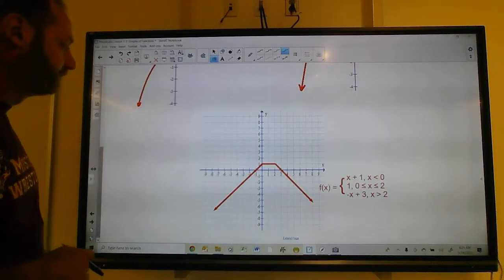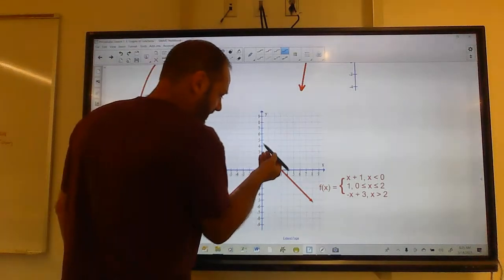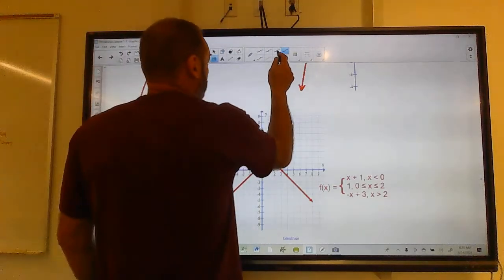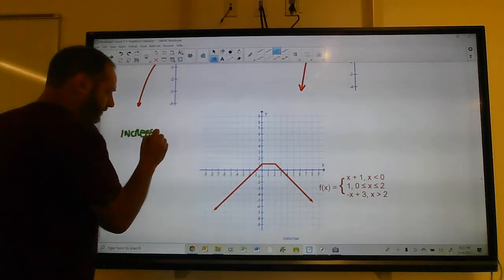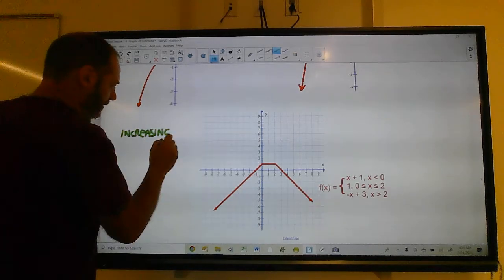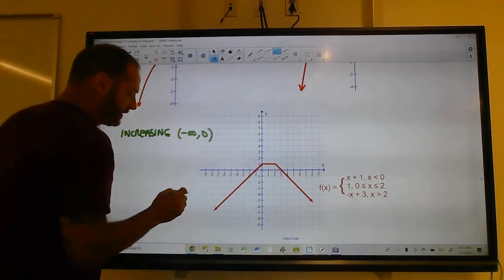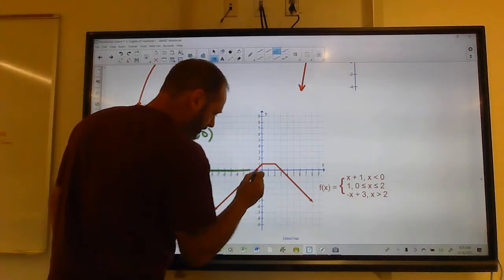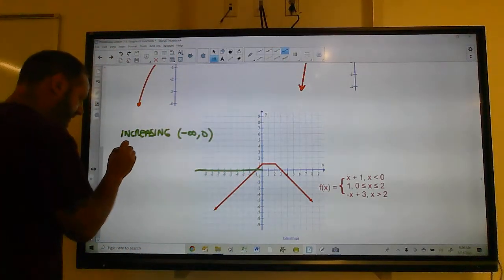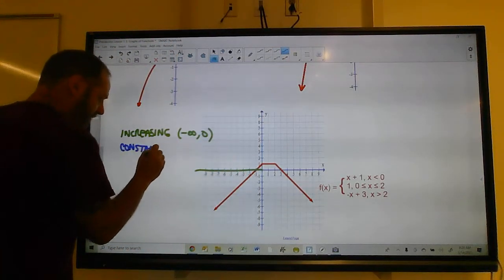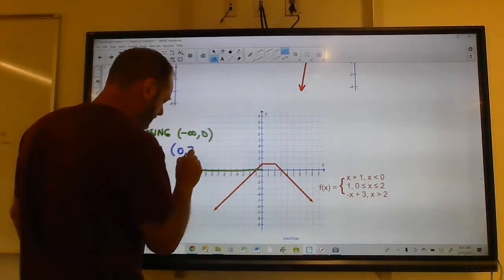Okay, let's look at this one. So this function is increasing here, then it's constant, then it's decreasing. So we would say this is increasing on the interval negative infinity to 0. So it's increasing here. This is constant from 0 to 2.